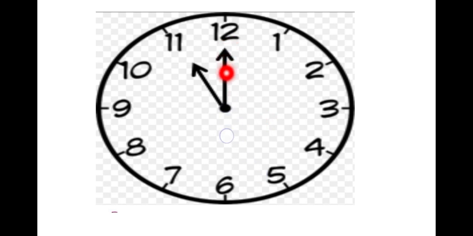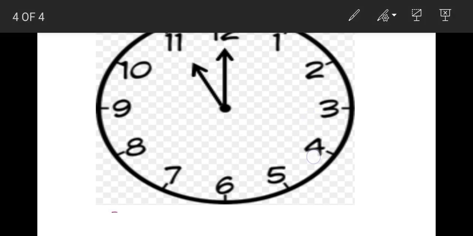That means the minute hand is at 12 and the hour hand is at 4, then the time will be 4 o'clock. We read it as 4 o'clock, or we sometimes write it as 4, then a colon, 2 dots, then 00. So we can write time in two different ways. That also we learned in class 1.